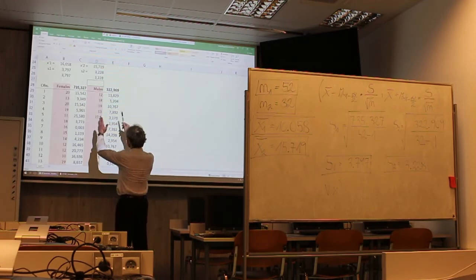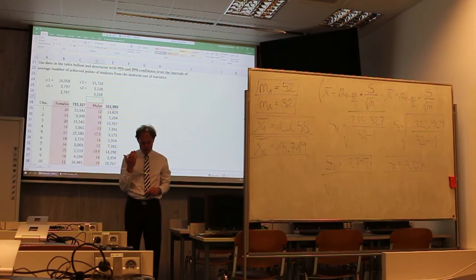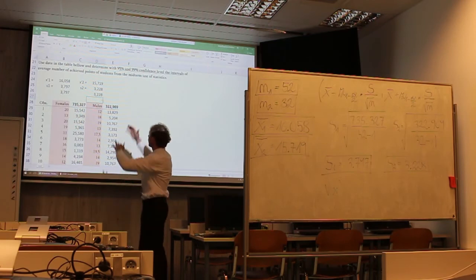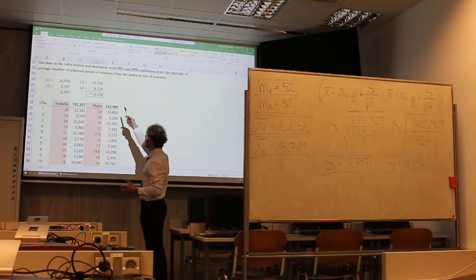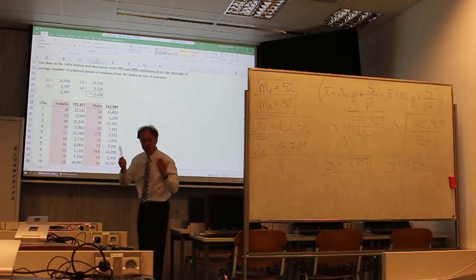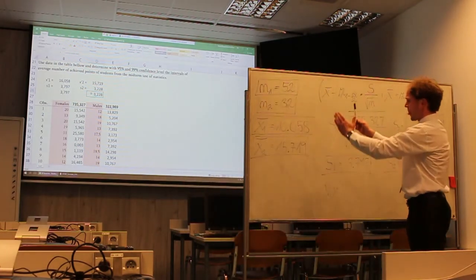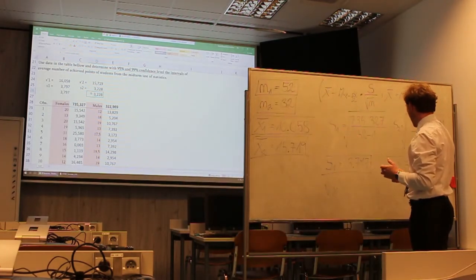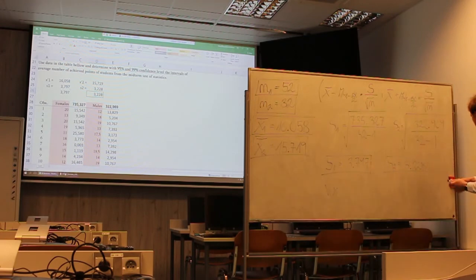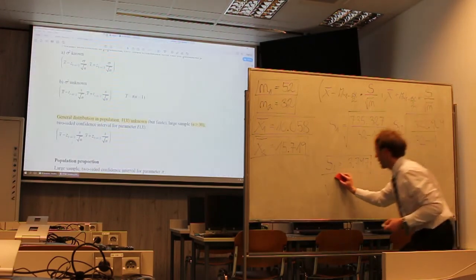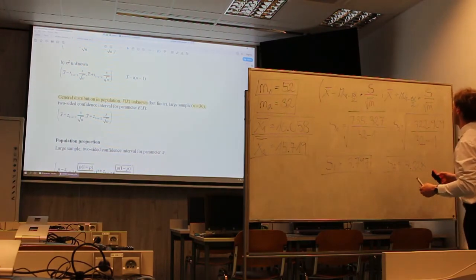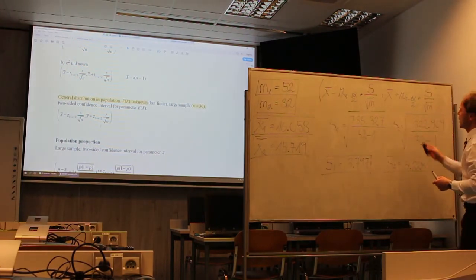You select the data, close the parenthesis, press enter, and you can see the same results for females and for males. So we will use this data and construct confidence intervals.